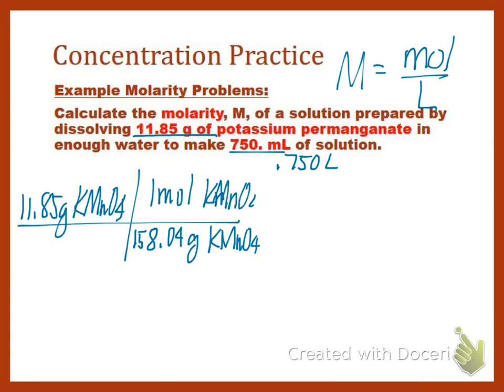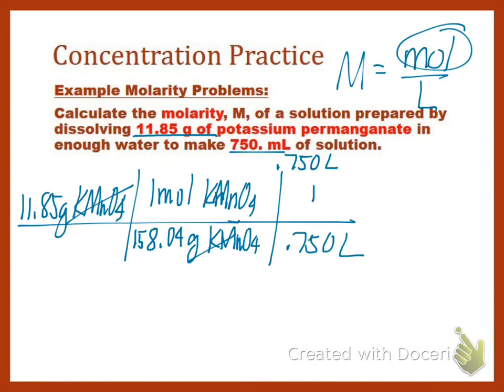So now that we have moles, we have the top part that we need. So we got the moles, but we need the liters. And so we're going to say 1 over 0.75 liters because I need to divide by it, right? I need it on the bottom.